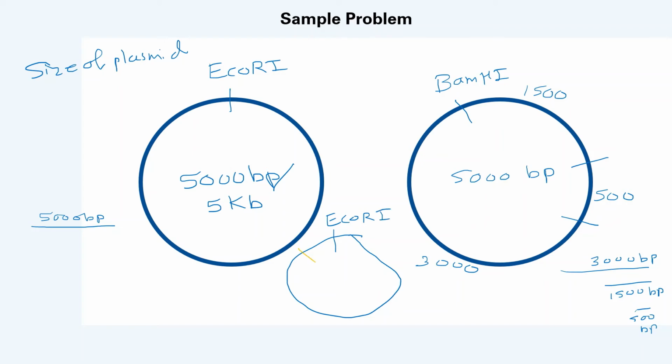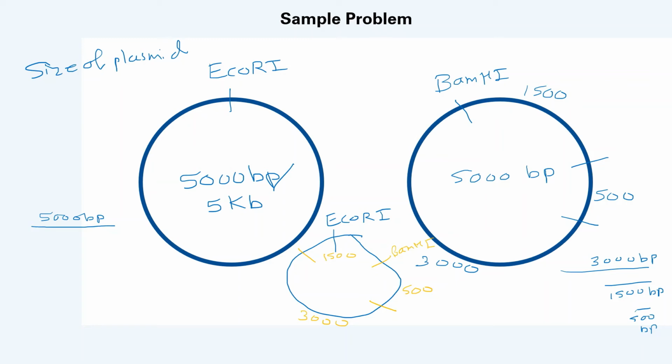So BamH1 is cutting here, here, and here. This is your 500. This is your 3,000 with BamH1. And you notice this 1,500 fragment that was getting cut with BamH1 is now also getting cut by EcoR1. So let me go ahead and write BamH1 here so that there's no confusion.